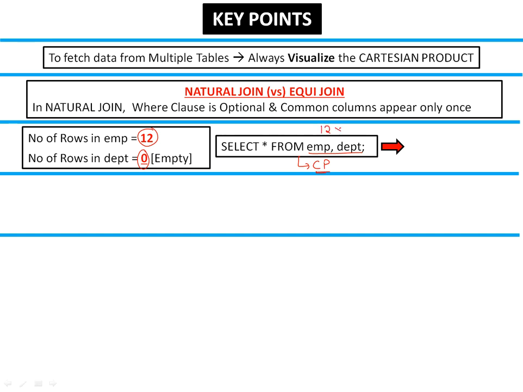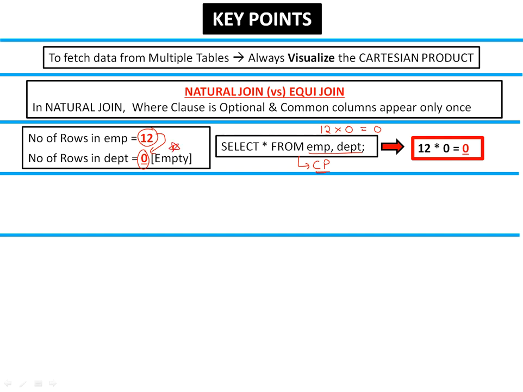Please don't give 12. It's simple mathematics. All rows in first table will join with all rows in second table, but there are no rows in department table. So I don't have anybody to join. In such case, nobody will exist in the set. It is set theory. If one set is empty, the result of Cartesian product will be always empty. That means while applying joins, if one table is empty, the result of Cartesian product is always empty.